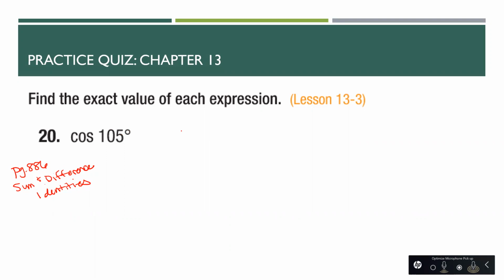Because we have this identity that the cosine of A plus B is equal to the cosine of A times the cosine of B minus the sine of A times the sine of B, we're going to break down 105 into 60 plus 45.